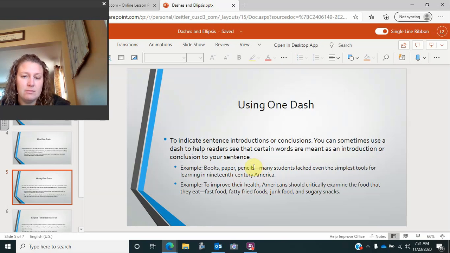We're talking about the super dash, a super comma, like they call it, which sets off books, paper, and pencils. The second part says: to improve their health, Americans should critically examine the food that they eat, fast food, fatty fried foods, junk food, and sugary snacks. That puts emphasis on the types of food the sentence is talking about. So dashes can often be used similar to commas, but they make it a little easier to read and understand.